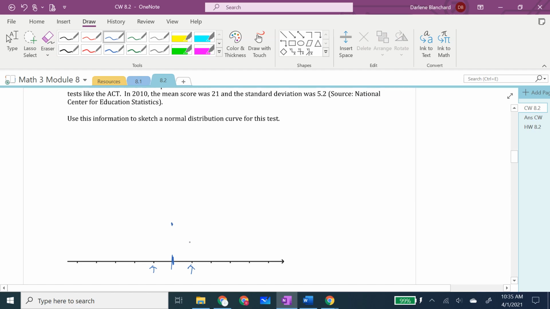I should have nice little points of inflection over here at 1 standard deviation away. And then as I go from 2 to 3 standard deviations, I get to having possibly everything or near everything within 3 standard deviations.